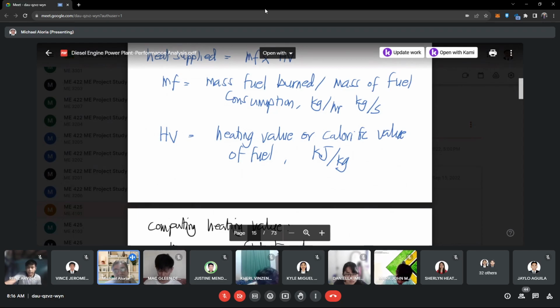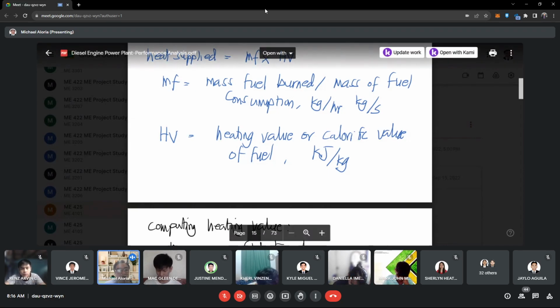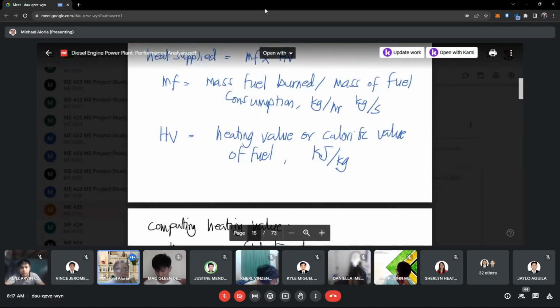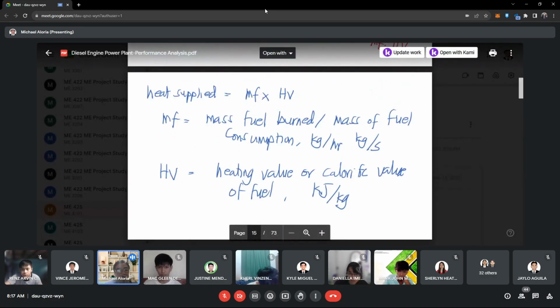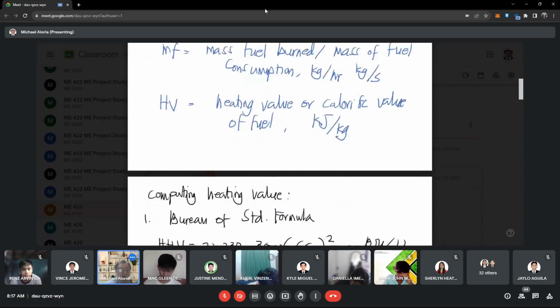So diesel fuel will be used as your fuel. So doon mo i-define yung calorific value niya, and then we can measure your amount of fuel, and that will serve as our heat supply. So mass of fuel times your heating value or calorific value, that is kilojoules per second or kilojoules per hour. Simply kilojoule per second is kilowatt.